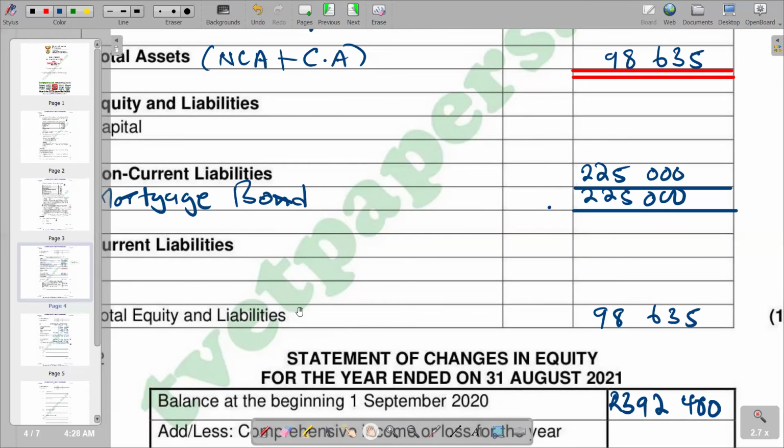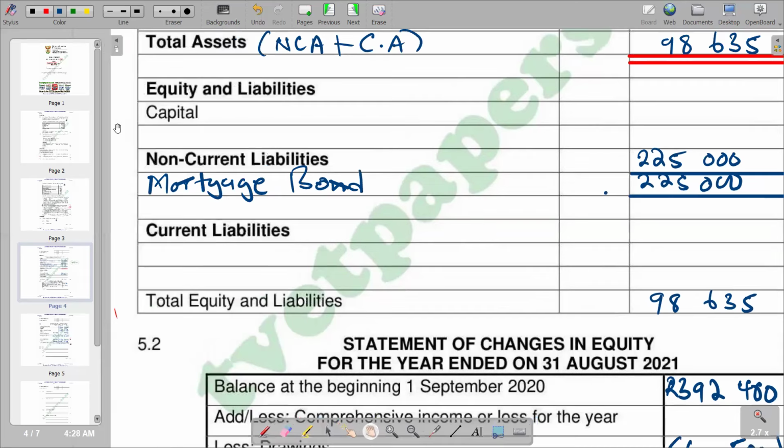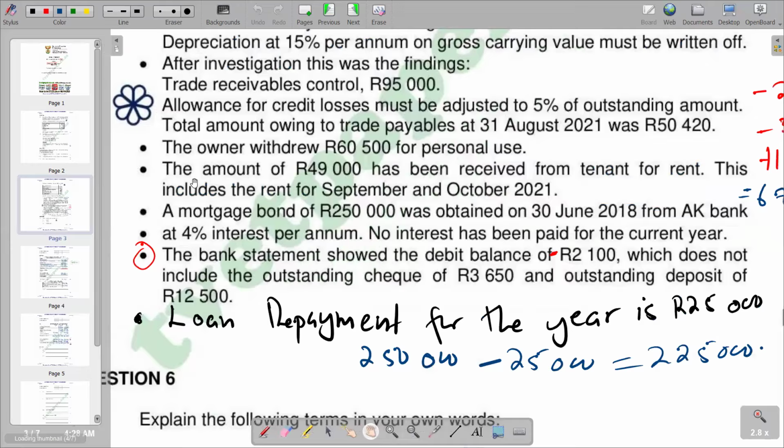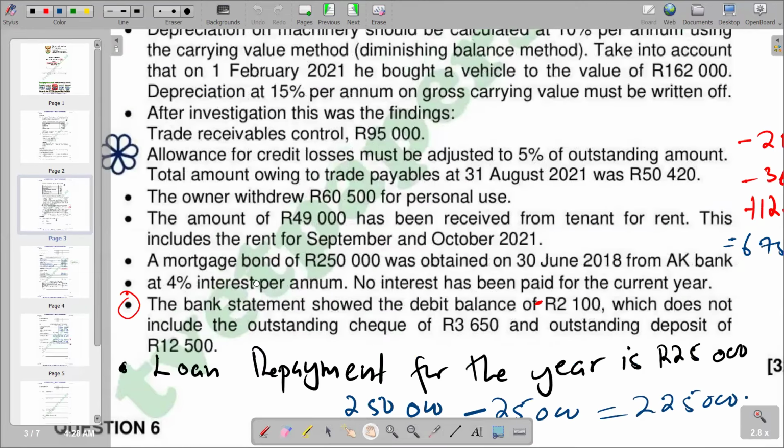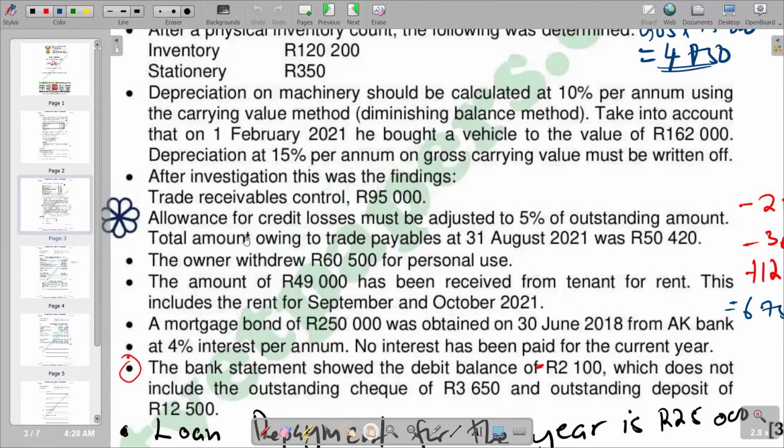So for current liabilities, we have to list them again beneath there, whereby we check again in the additional information what amount we have for current liabilities. Of course, we're going to start with trade and other payables according to the given information. So we can go item by item, checking for those amounts.